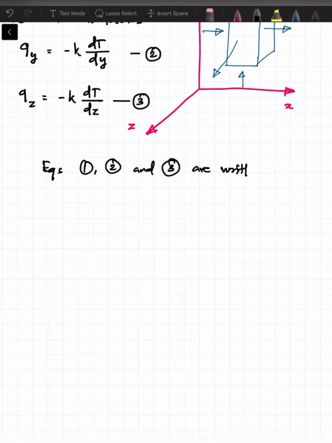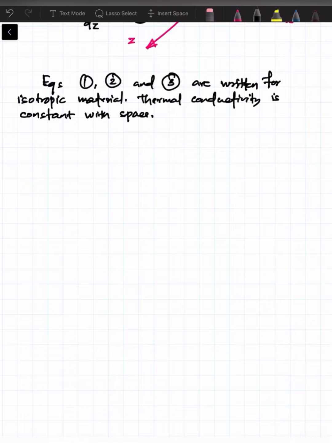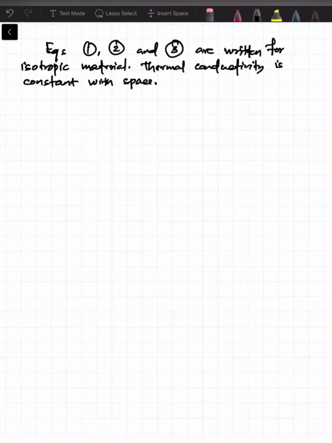Equations 1, 2 and 3 are written for an isotropic system or isotropic material. The thermal conductivity of the material here is constant with space. If this is not the case, then we should have written different thermal conductivities for different equations.